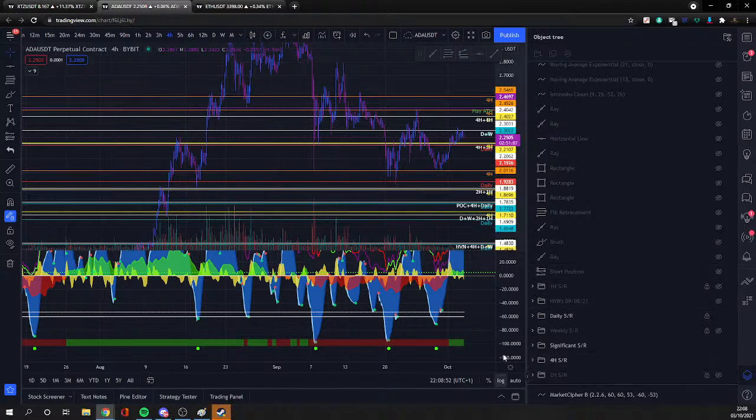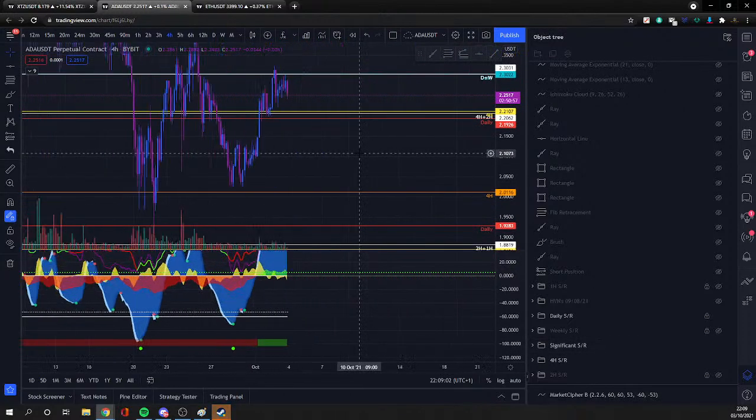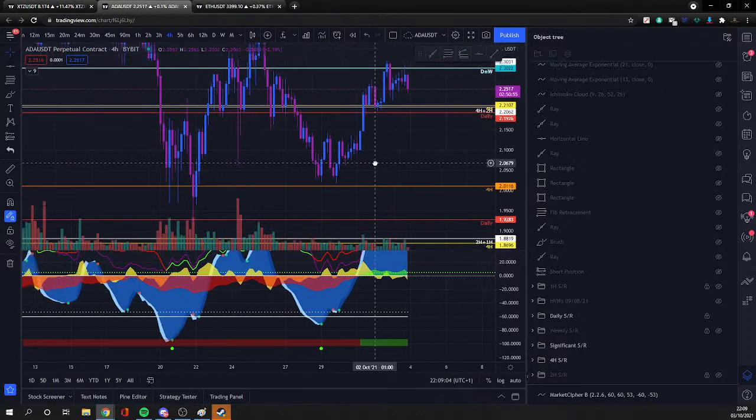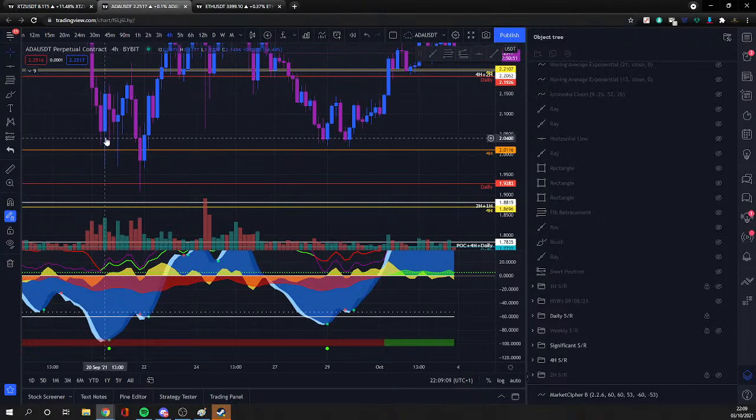For the purpose of this, we'll just keep it to the 4 hour, the daily, and the significant support resistance. So when you're having a look at this, you'll now have all these support levels, which gives you a better idea of where price could potentially go to.